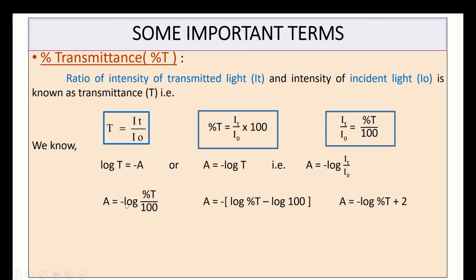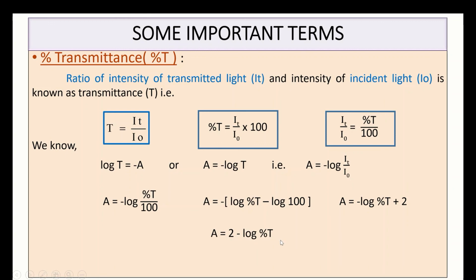So we get A is equal to minus log of percentage T by 100. Simplifying this equation, we get A is equal to minus of log percentage T minus log 100. Therefore, A is equal to minus log percentage T plus 2. Log 100 is 2. So the value of absorbance will be equal to 2 minus log percentage T.